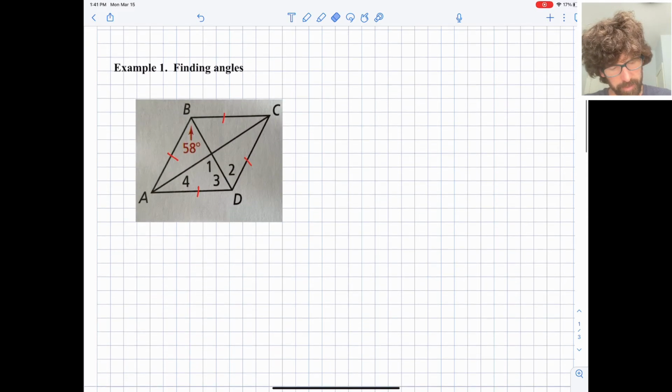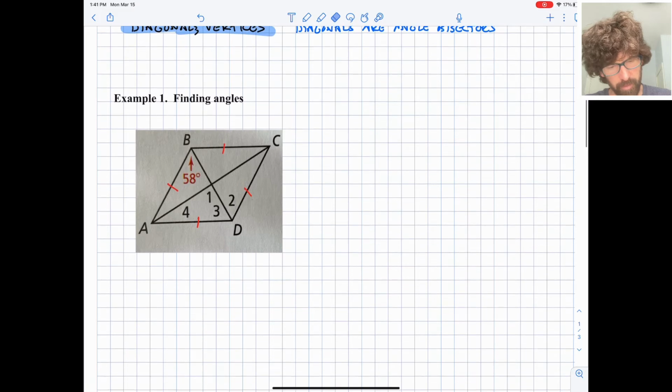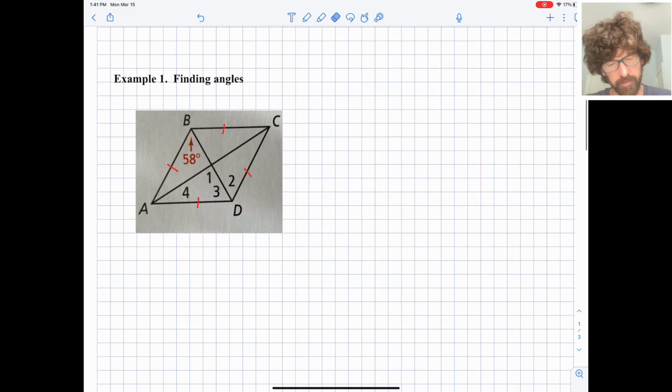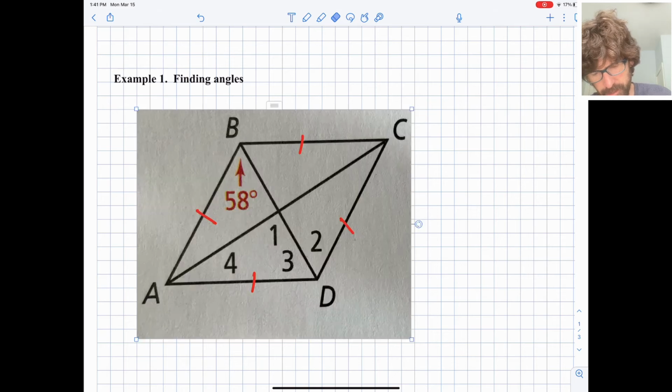Okay, let's do an example with this one, and then we'll do some theorems around rectangles. So let's find some angles, and let me make this a little bit larger here. So first off, we know that diagonals create perpendicular bisectors, so we have a right angle right in the middle. And I'm going to work with this little triangle right here.